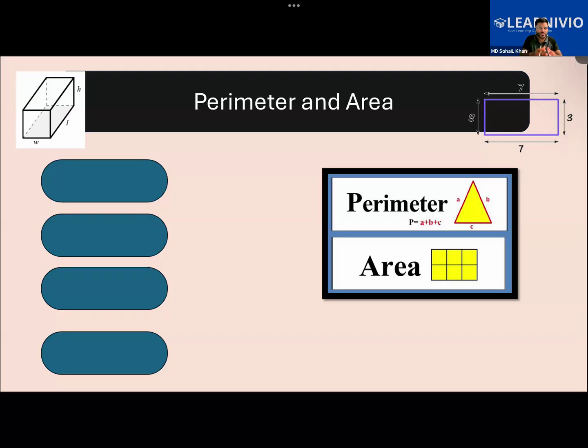So when you know the area of the floor over which tile needs to be fitted, and you know the area of one specific tile, will you not be able to calculate the total number of tiles required by dividing the total area of the floor by the area of one tile? So we have some daily life application of area.